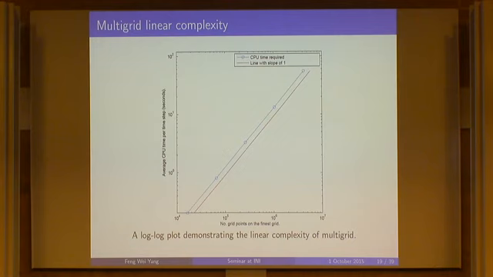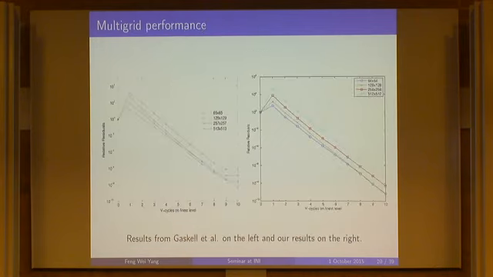And the reason we have this linear complexity is that if you look at each time step for the algebraic system, and look at the residual every time you do one V cycle, the rate of error going down is pretty much parallel across different grids.